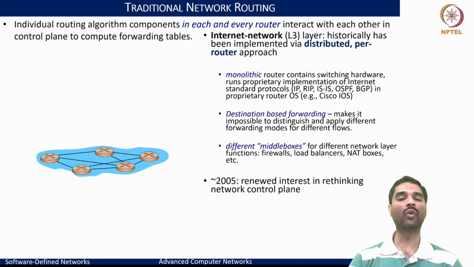In such cases, we would want a generic approach to say how we want to route, rather than just relying on destination-based forwarding. And as we saw in waypoint routing, for these middle boxes to even operate on the traffic, we would want to support these characteristics. This is where the abstractions we spoke about in the control plane were brought in, and this renewed interest led us to the redesign of the network control plane.